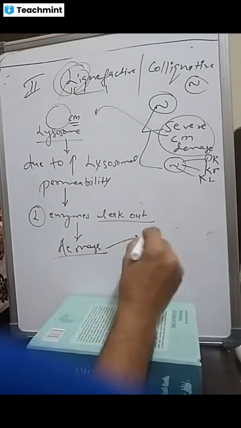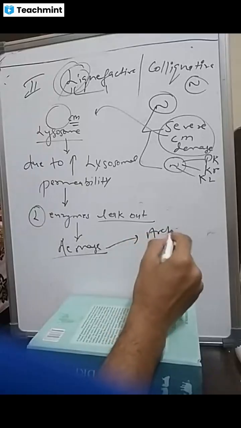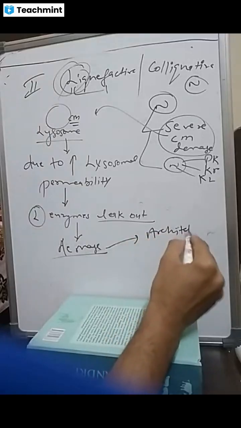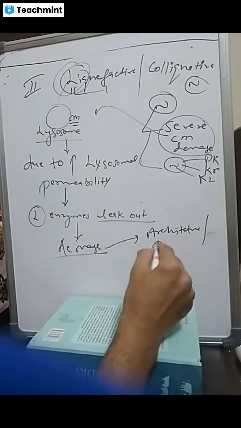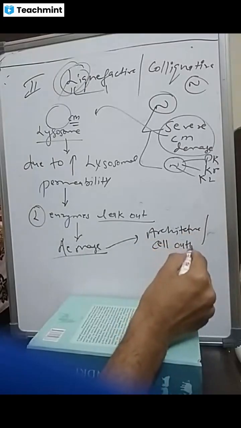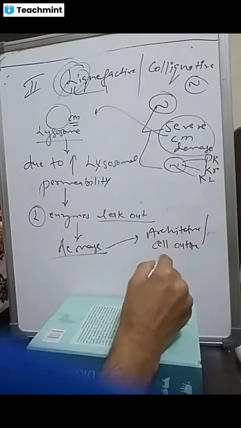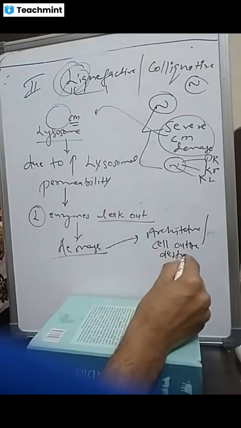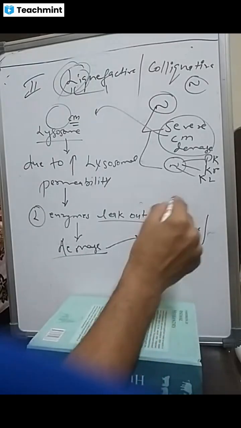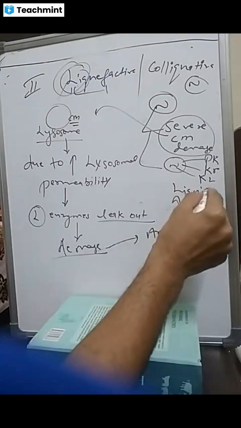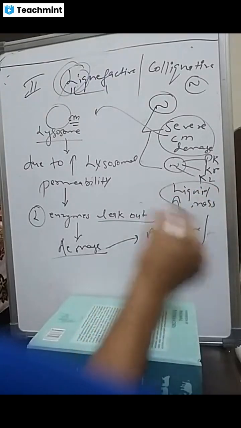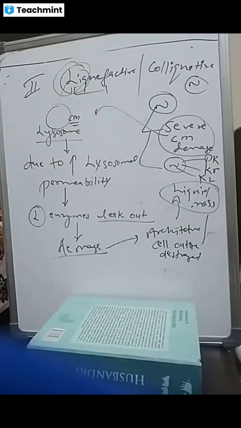Because of this damage, the architecture or cell outline is destroyed. Everything becomes a liquid mass. So this happens in liquefactive necrosis.